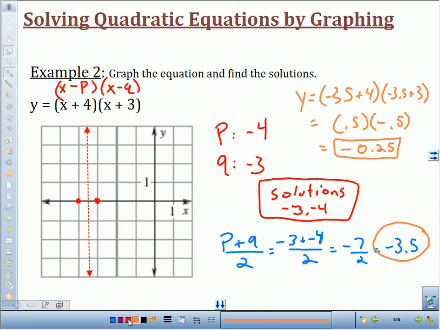So on my graph, I'm going to plot the point negative 3.5, negative 0.25. And like I said, it's going to be on the axis of symmetry, and it's going to be a quarter of the way between 0 and negative 1, which is about right here. So I'll put the point in. Now I have my vertex, I have my intercepts, I can graph this.